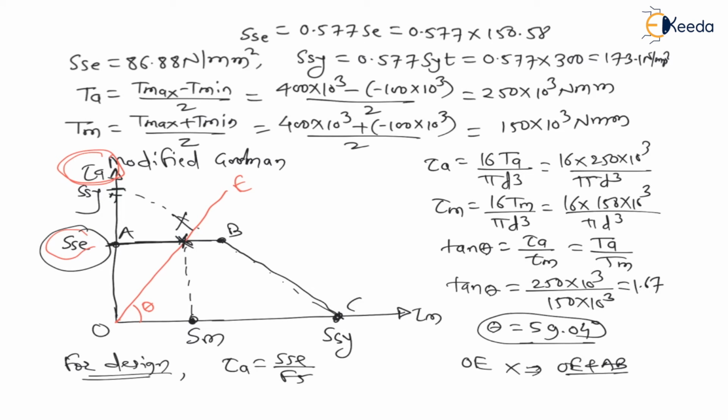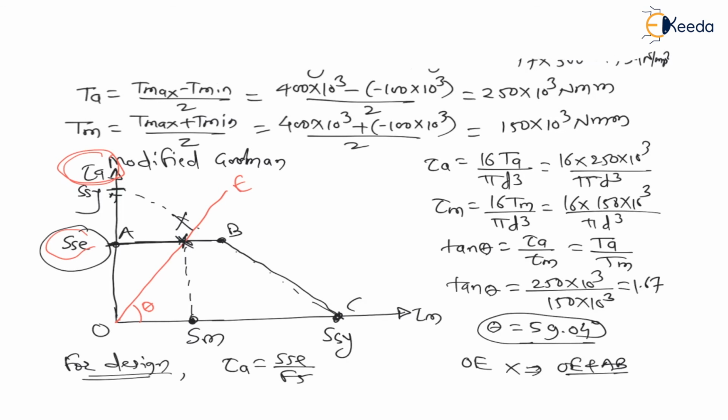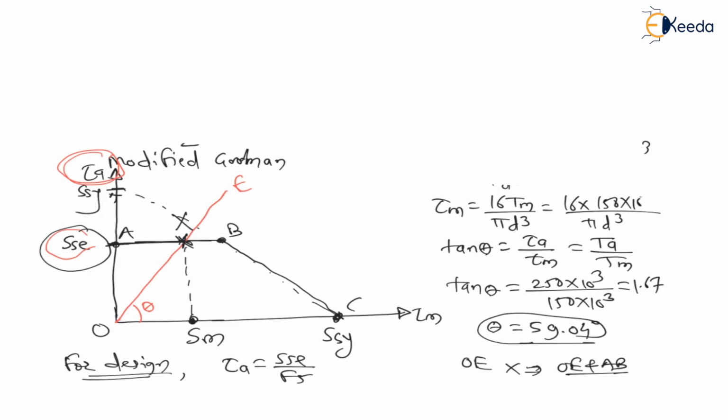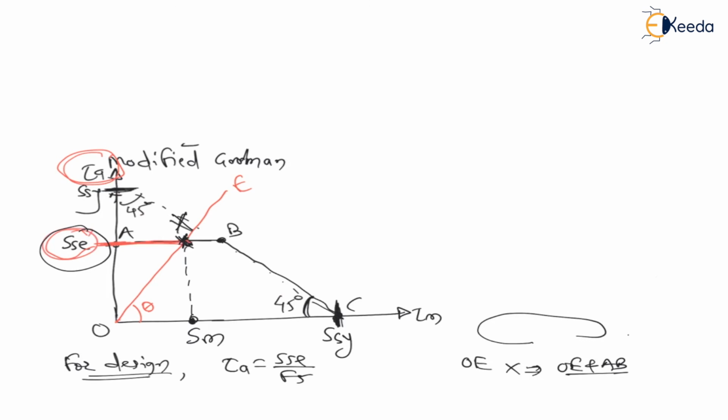Now put all the values and solve for diameter. What is SSE? Put all the values we have calculated. Therefore the shear stress amplitude is equal to SSE divided by factor of safety. The shear stress amplitude is 16 torque amplitude divided by pi d cube, which is equal to SSE divided by factor of safety.